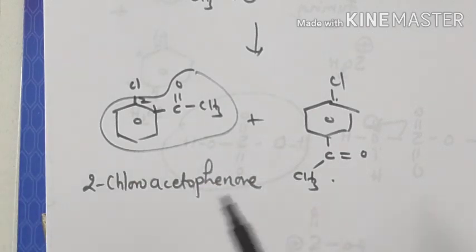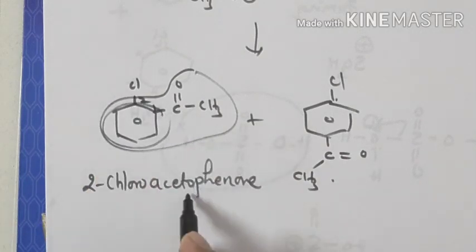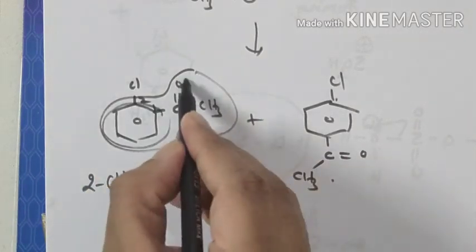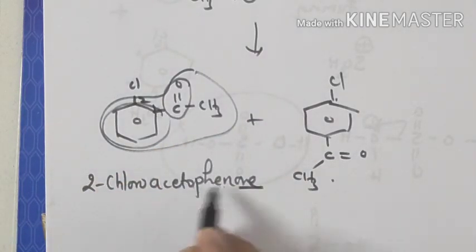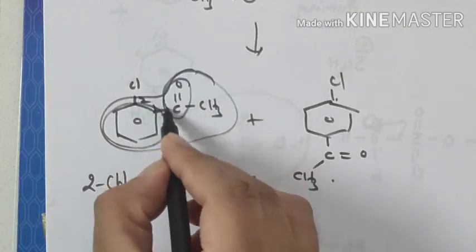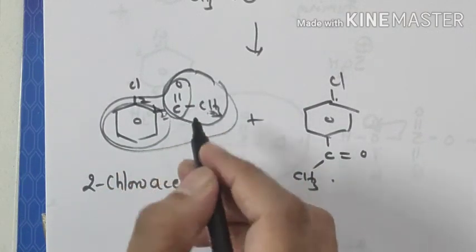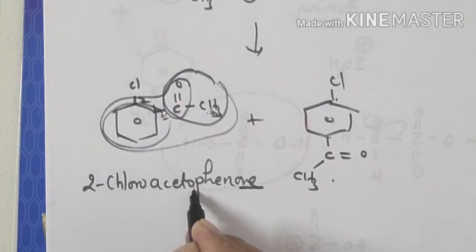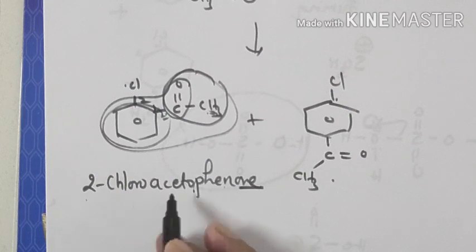See, first of all, here there's a phenyl group, so it is called phen. There's a ketone group, so that's why ONE, phenone. And this group is called the acetyl group, student, right? It has 2 carbons, so this group is called the acetyl group. So aceto, right? And at the second position there's a chlorine, so 2-chloroacetophenone.